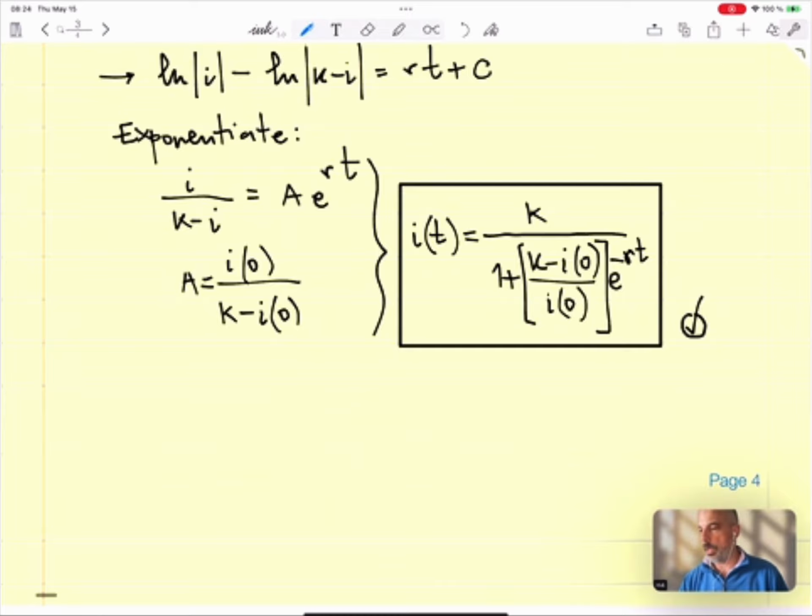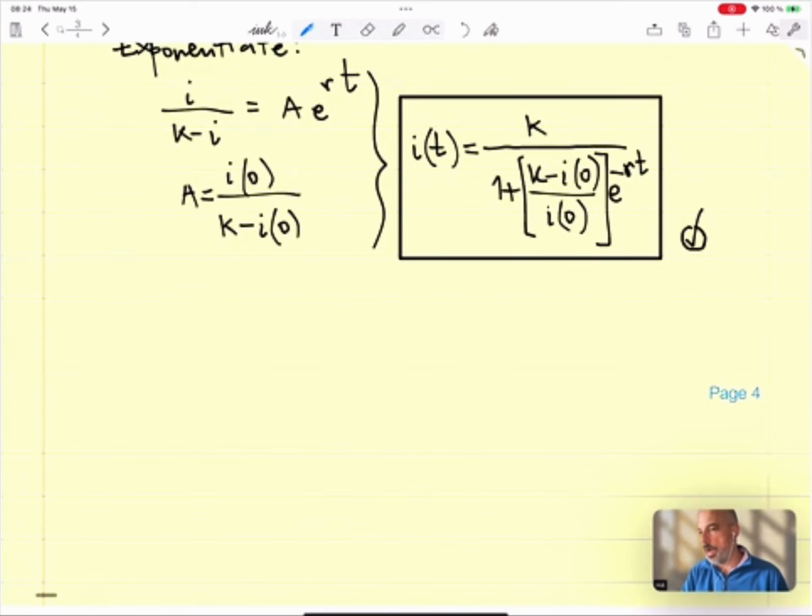So the thing is that for r, let's plot this equation for different values of r.